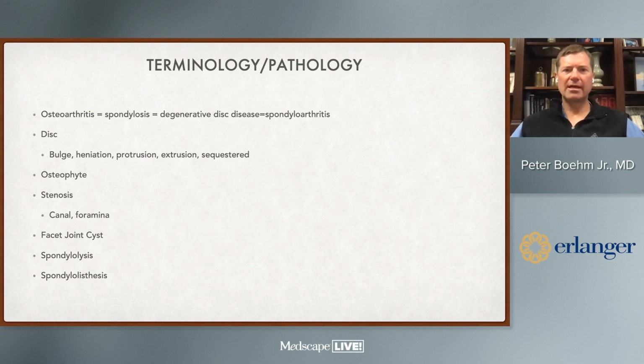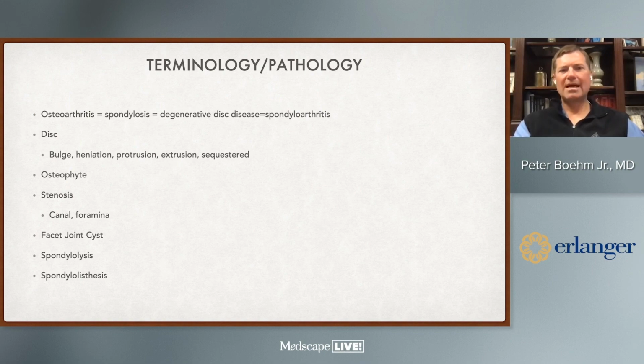But things that we're going to look at over the next several slides include terminology like osteoarthritis, spondylosis, degenerative disc disease, spondyloarthritis. When it comes to disc pathology, it's often very confusing. Patients don't understand the difference between a bulge or a herniation, protrusion, extrusion, or even a sequestrated disc fragment. And we'll go over that.